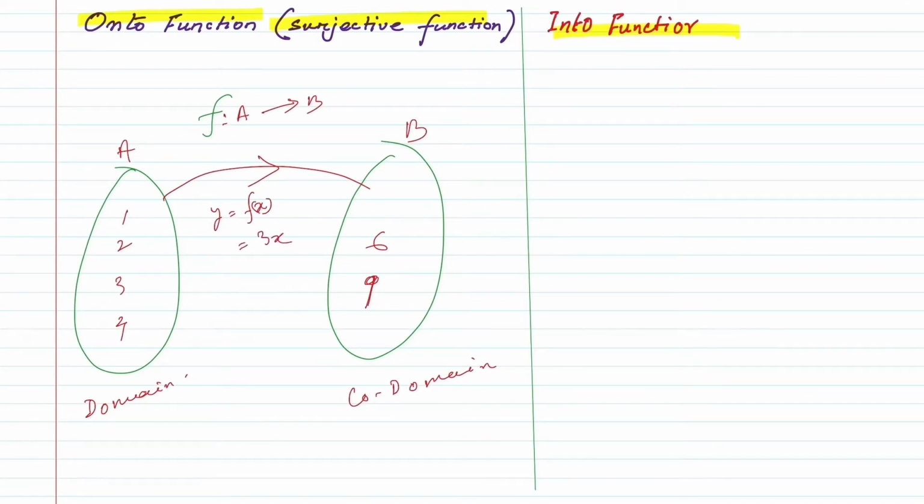Then here you see 2 is associated with 6 because 2 3s are 6, and 3 is associated with 9 because 3 3s are 9.